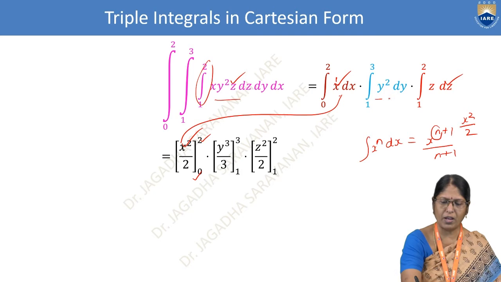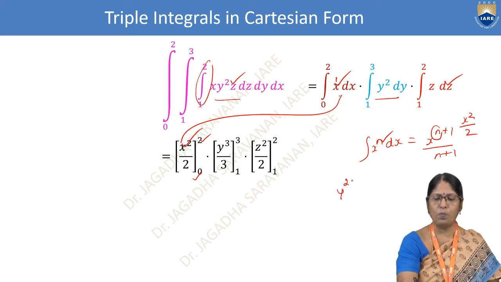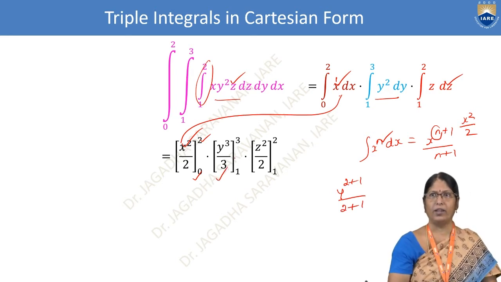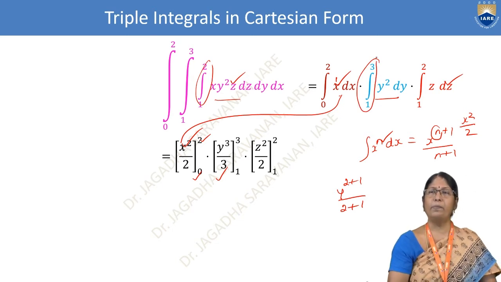The same formula here, according to this, our n is 2. So y power 2 plus 1 by 2 plus 1 is nothing but y cube by 3. So our middle integration, the limits are from 1 to 3.